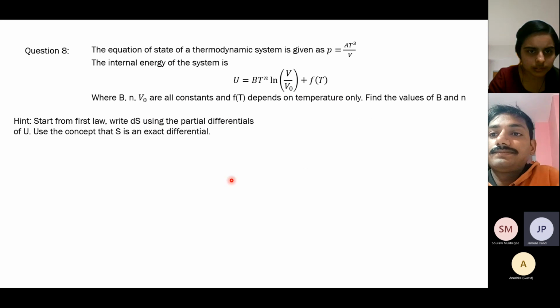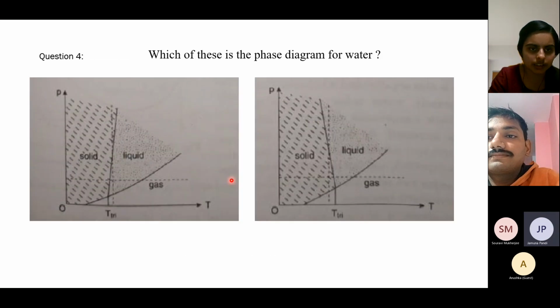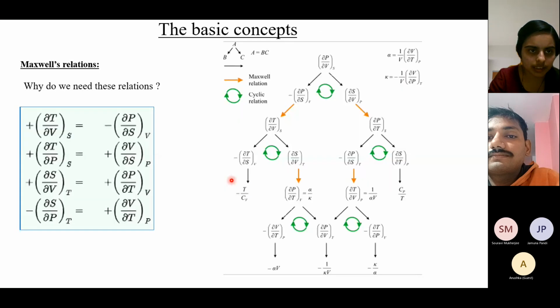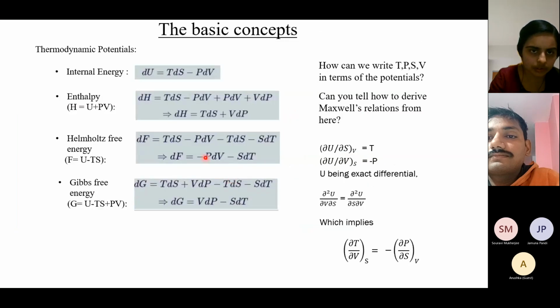The first thing to remember is how you start with the first law, then include the fact that dQ equals TdS, and you get to this expression. This is the very fundamental first law with dQ equal to TdS.